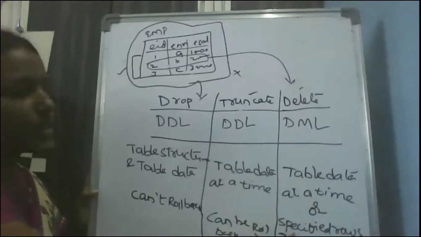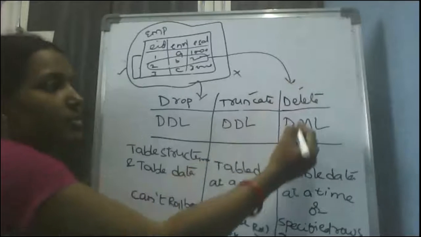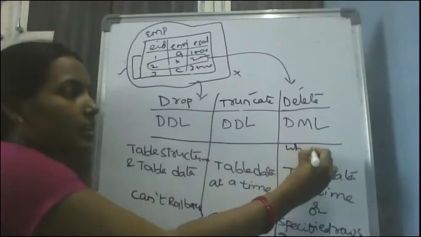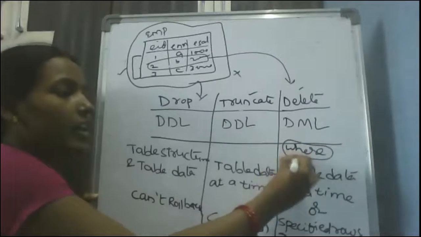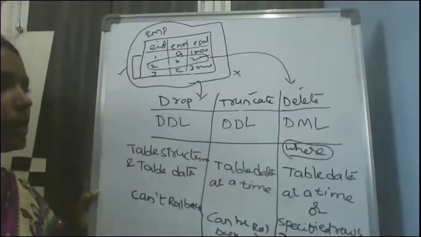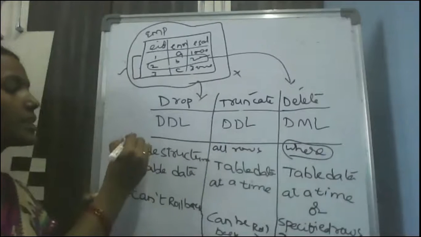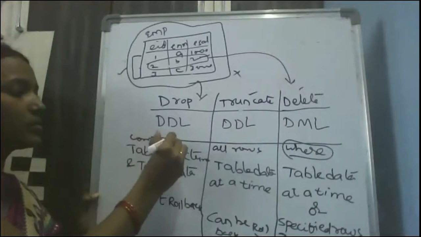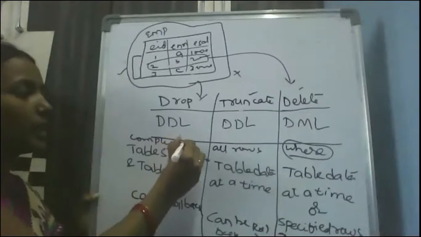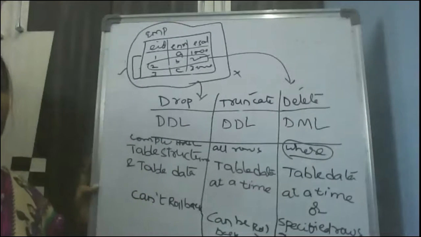If you specify a where condition in the delete command, it deletes the specified row. Without it, it deletes all the rows. Clear?